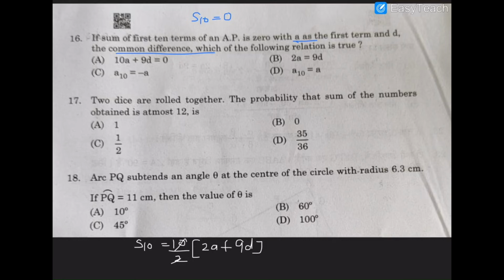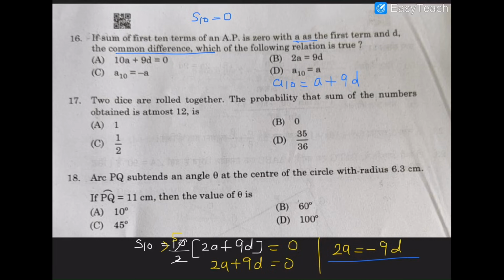So 5 times this is equal to 0. That means 2a plus 9d equal to 0, or 2a equal to minus 9d. Now, if you take the value of a10, which is a plus 9d, and put the value from here, you will get a10 is equal to minus a. So your C is the correct answer for the 16th.